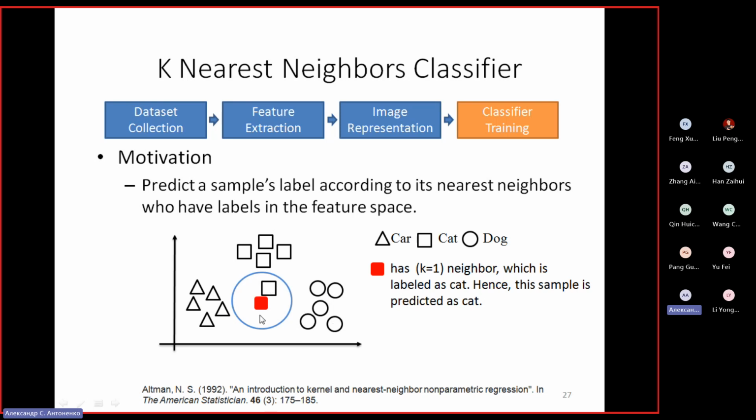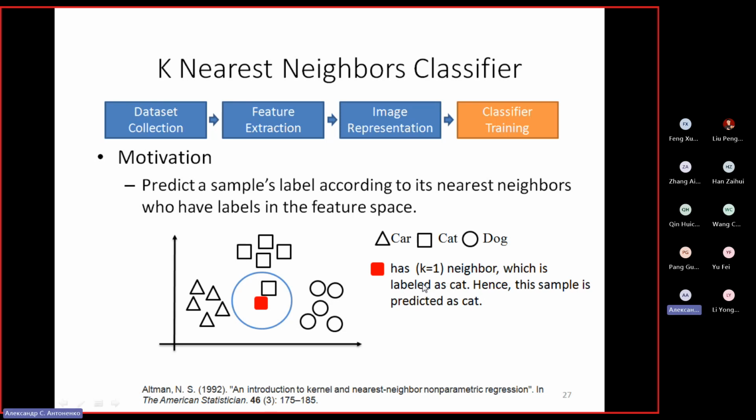We have one new object and we don't know what it is. We compute its image representation and then look at all other objects and find the closest one. The closest one in feature space is a cat. Then we decide this is a cat.